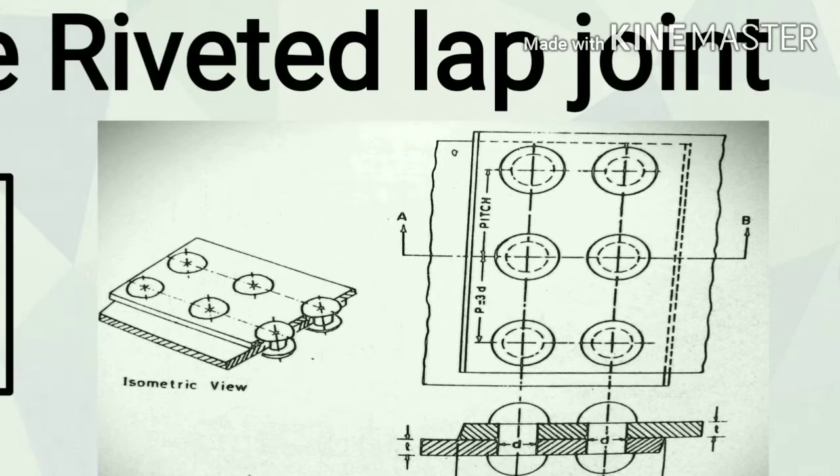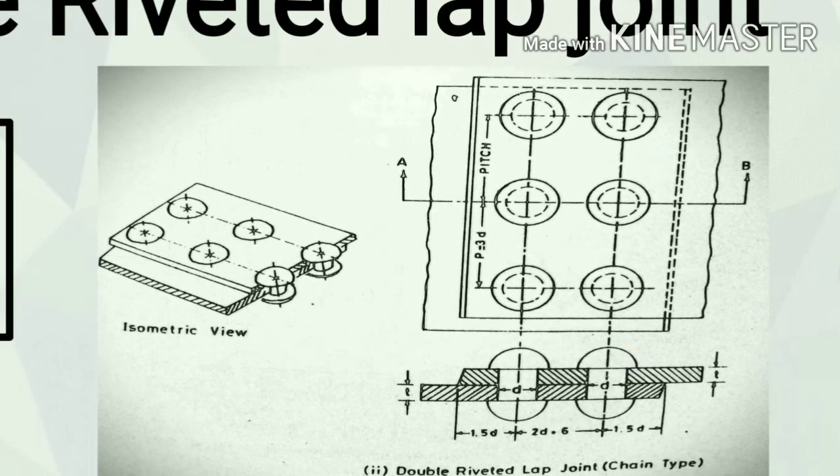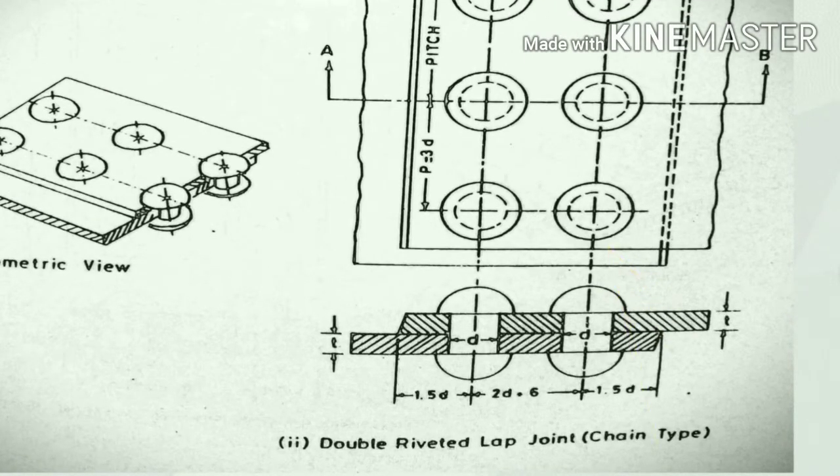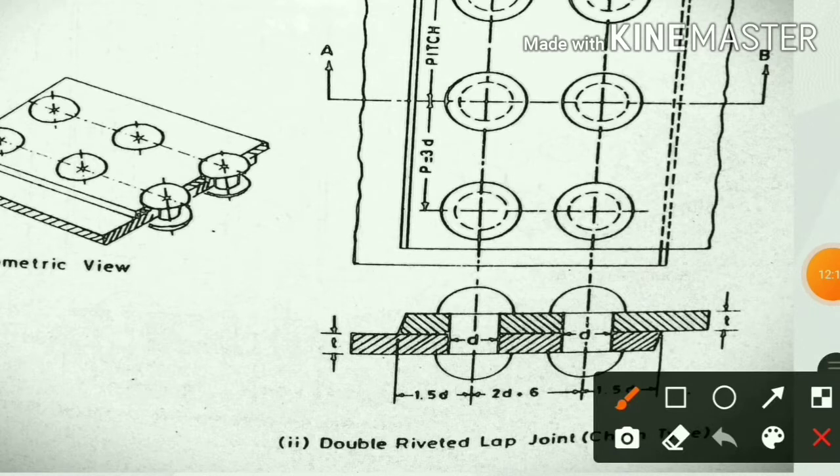P is similar, the distance from one rivet center to another rivet center is P, and notice here this distance is (2D plus 6). Here 1.5D is from the edge to rivet center.